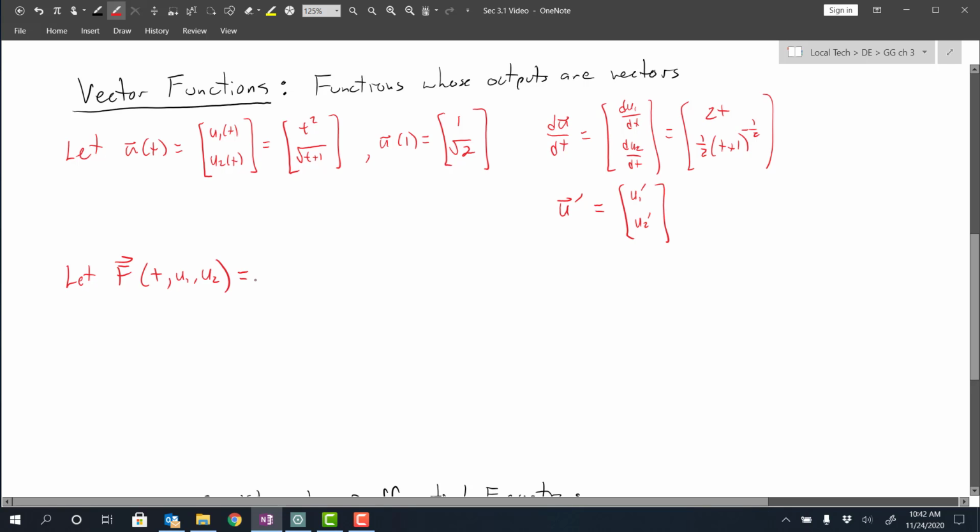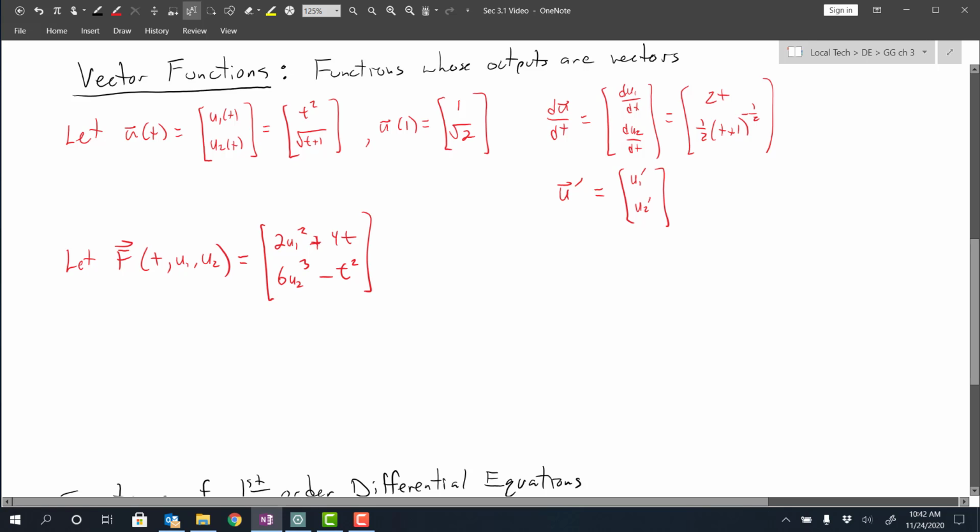One example of what this vector-valued function might look like: the first component might be 2u1 squared plus 4t, and the second component might be 6u2 cubed minus t squared, as some sort of random example of a vector-valued function of more than one input.